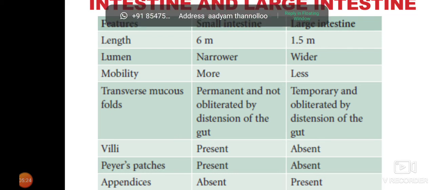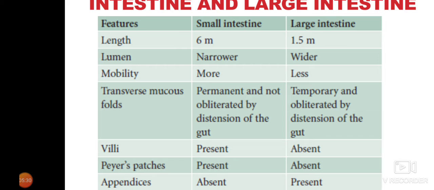So most of the small intestine has peritoneum, but in the large intestine, only three areas have peritoneum. Mobility is more in the case of the small intestine.